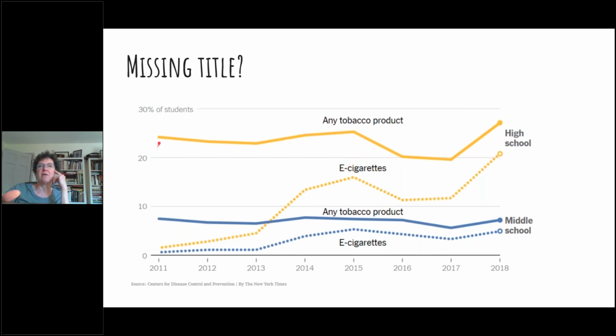So here, 25% or 24% of high school students used any kind of tobacco product, and a tiny 20% were using e-cigarettes. So 28% of students have used a tobacco product, and look how many of them have been e-cigarettes.